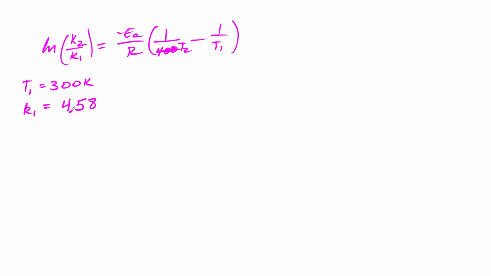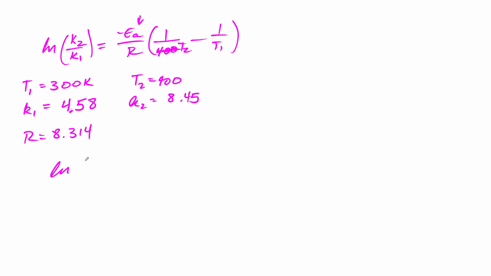Keep the temperature and the rate constants together. So T2 is 400 K, while K2 is 8.45. So we're looking for Ea. And now R is 8.314.